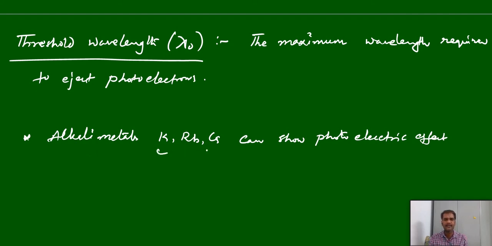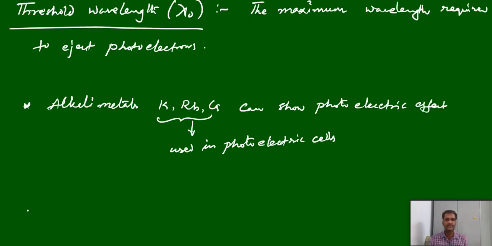That is why these metals can be used in photoelectric cells as metal surfaces. This is one of the applications. We can use potassium, rubidium, cesium in photoelectric cells.